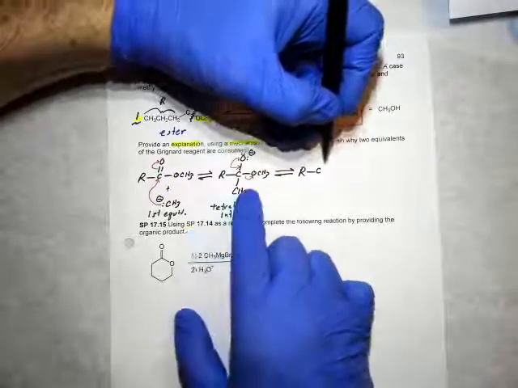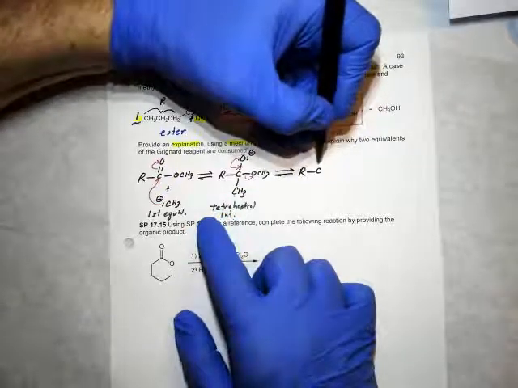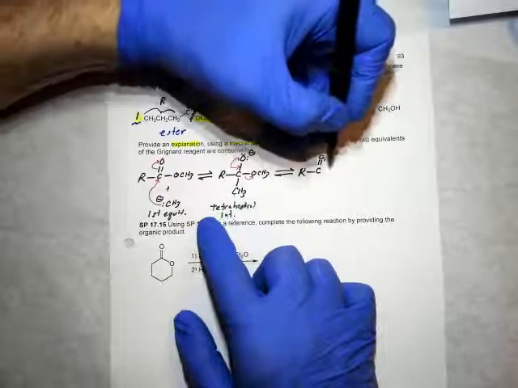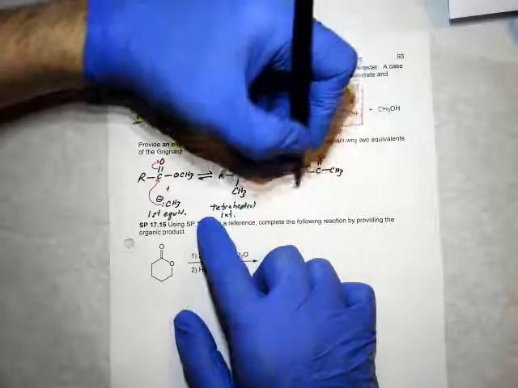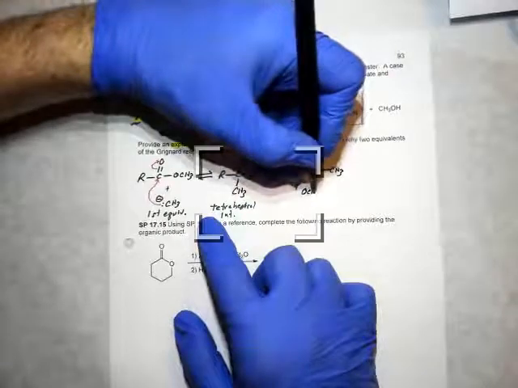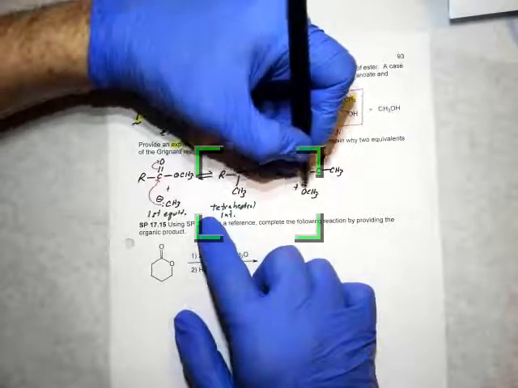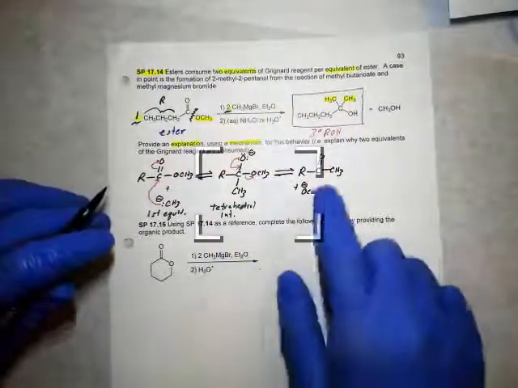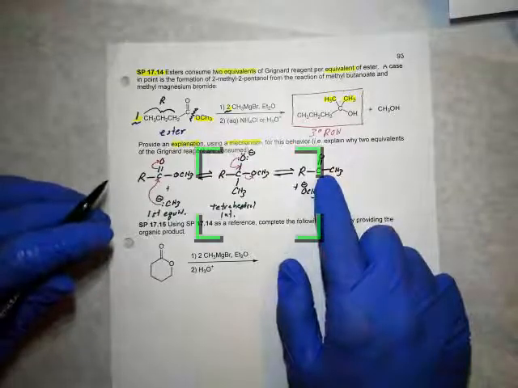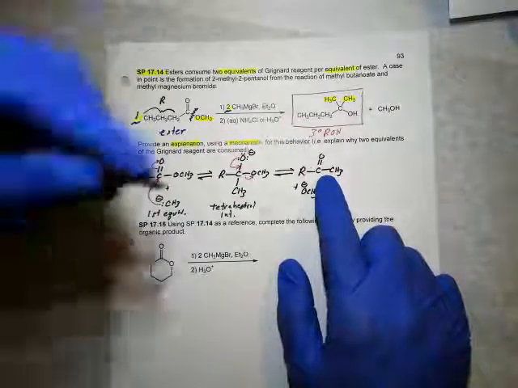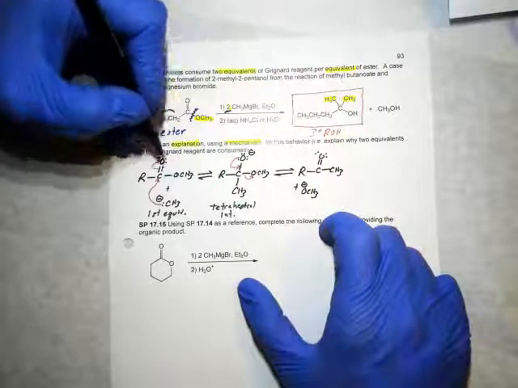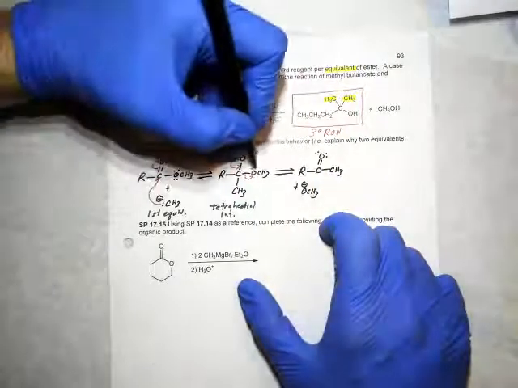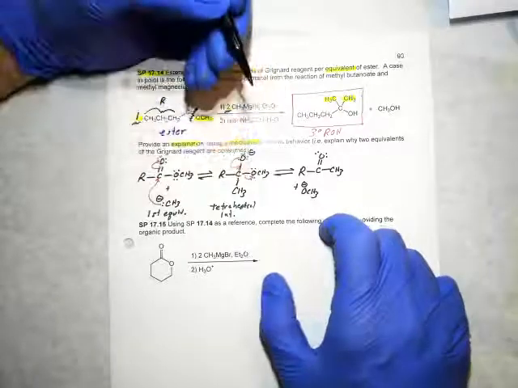Do you agree that that group's broken away by me drawing that curved arrow? So here you are, you have a methoxy group that broke away. Well, what did that make? We have a ketone. Let me put some lone pairs on here, here, and here, just so we're a little more accurate.